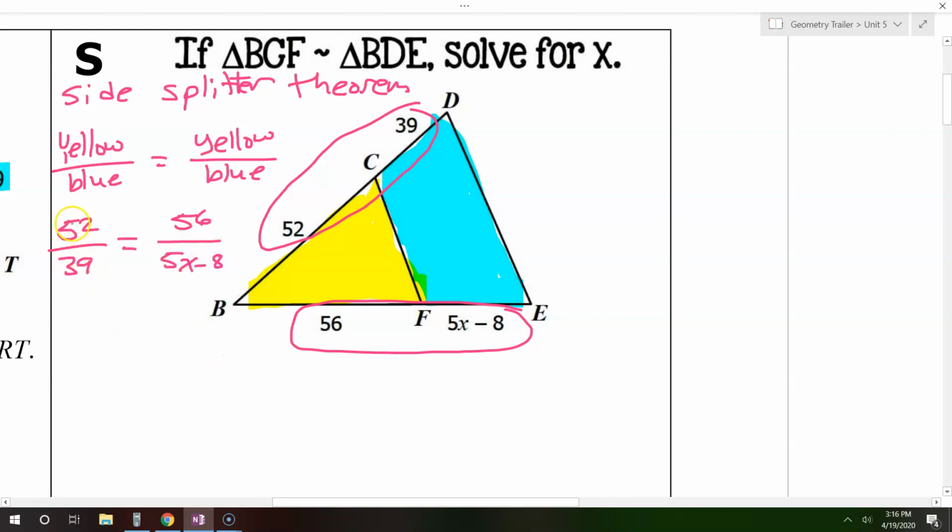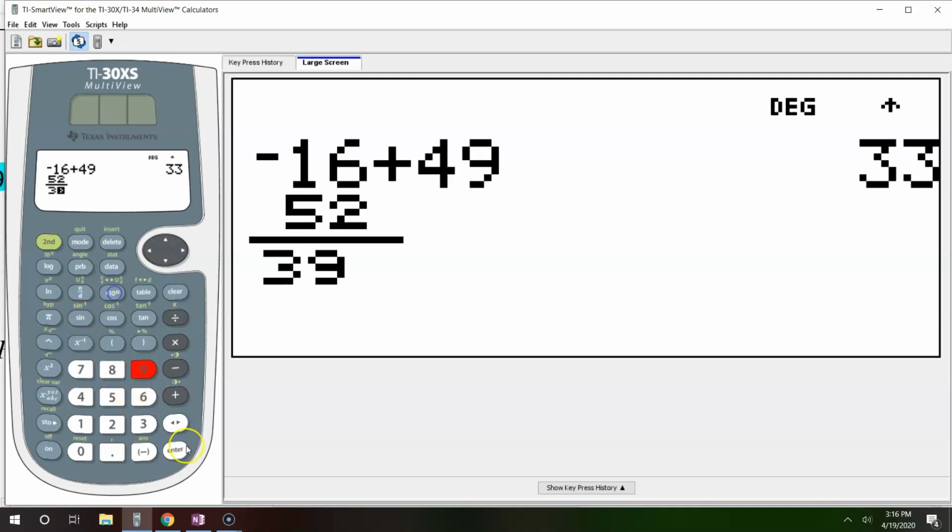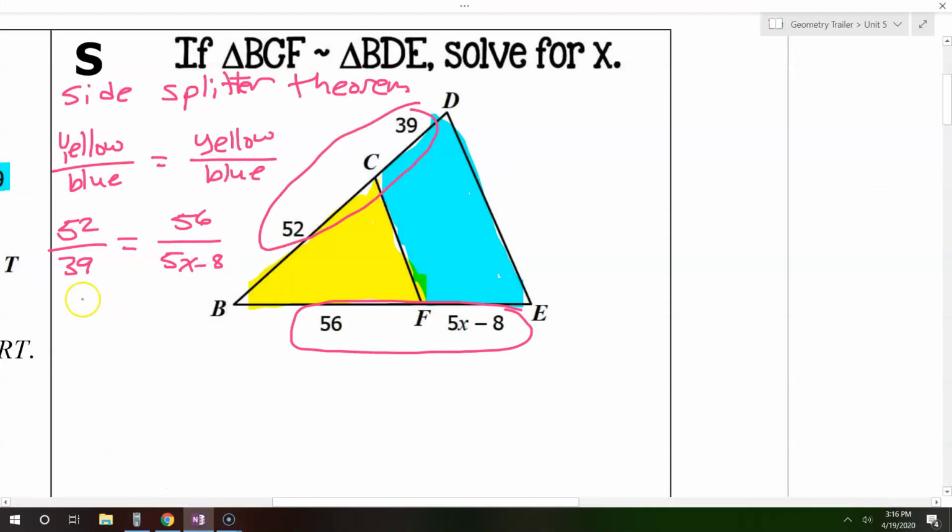I'm curious if 52 over 39 will reduce at all. Let's see. 52 over 39. That's 4 over 3. So I'm going to use that. So I'm going to do 4 over 3 is equal to 56 over 5x minus 8.